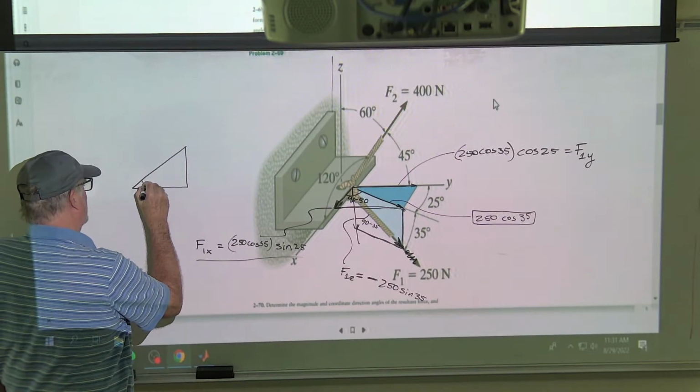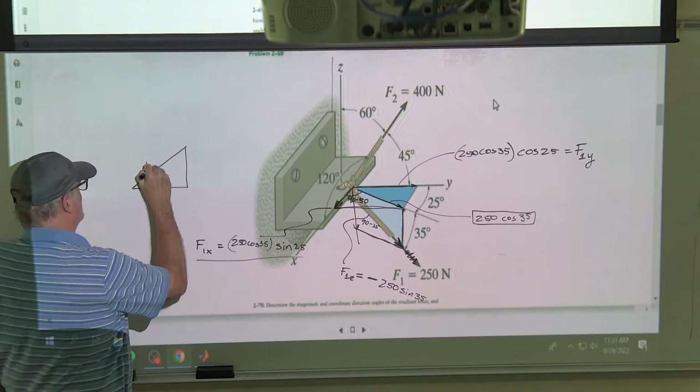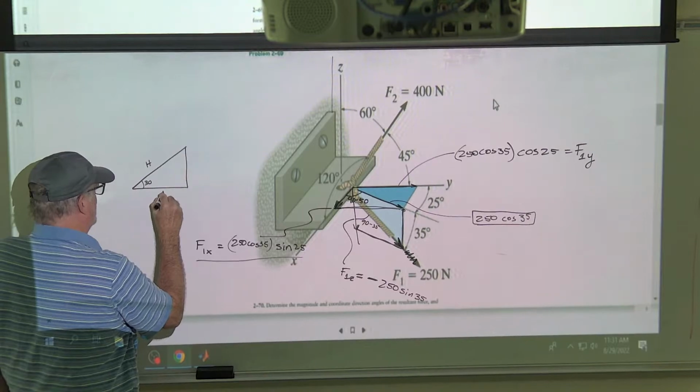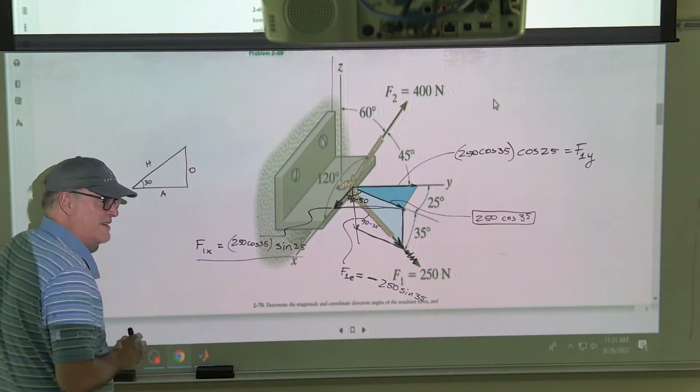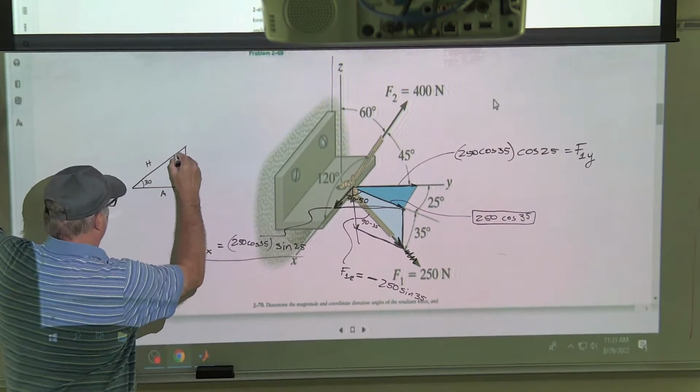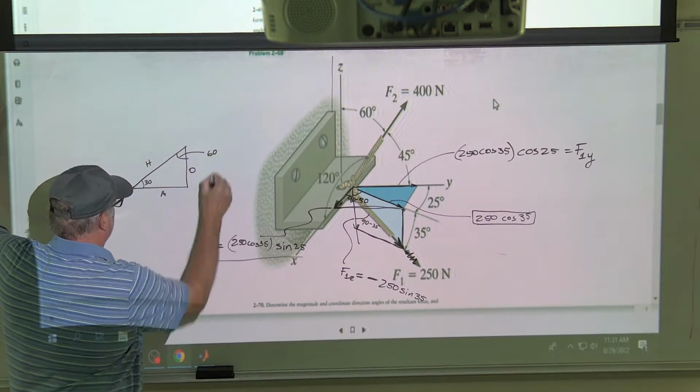Okay, so here's your 30 degrees. Here's your hypotenuse. Here's your adjacent and your opposite. Now, if you look over here, that's got to be 60.